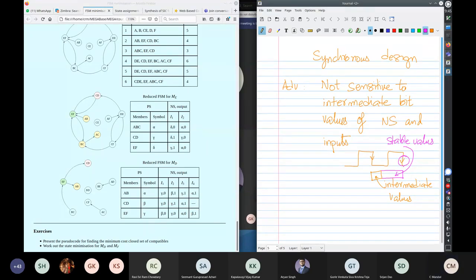And this is where, at this point, there is updation of state variables. And okay, so this is the advantage, and the disadvantage.